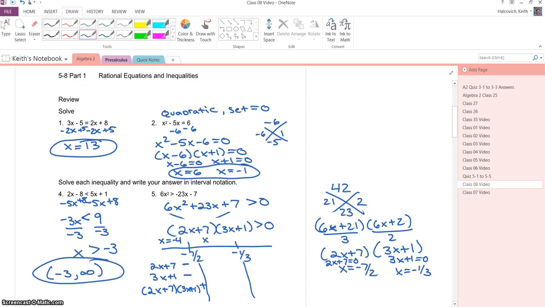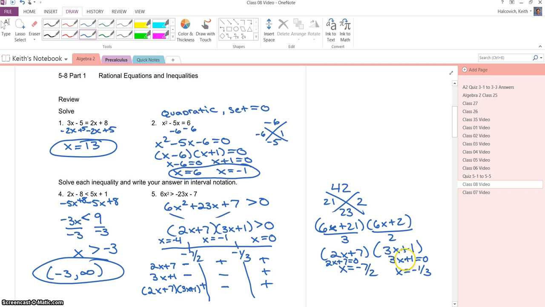Here, if you say let x equal -1, well, 2 times -1 plus 7 is a positive number. 3 times -1 plus 1 is negative, but when you multiply them together, it gives you negative as well. Here, let x equal 0, and you get positive, positive, positive.